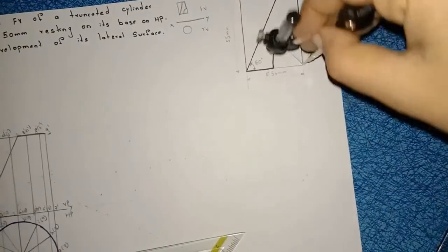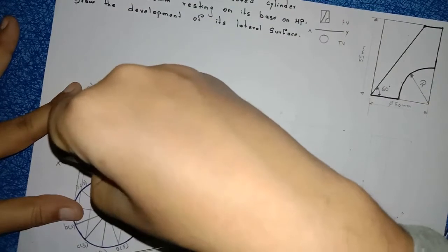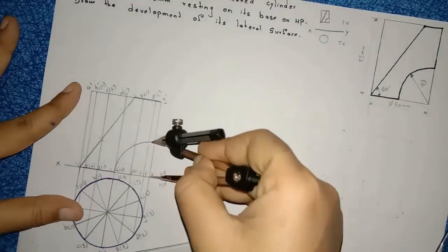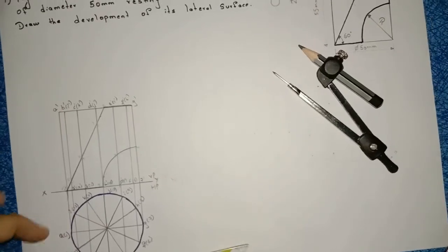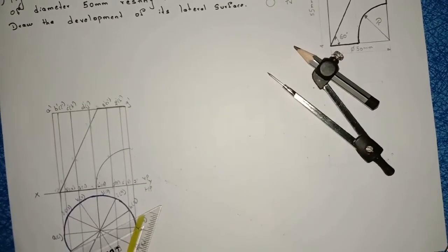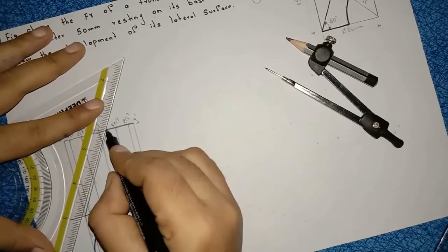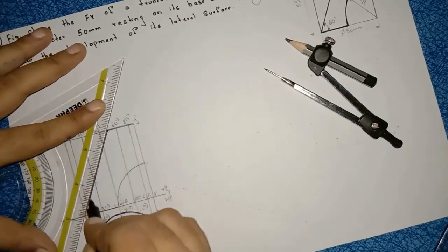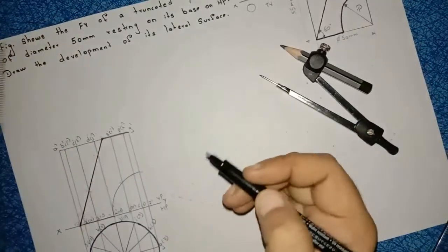See, from here you should draw the radius, right? So the same, I am keeping my compass here and constructing the radius here. Right? So the same problem I am constructing here. See how I constructed. This is 60 degrees. From this corner I have marked 60 degrees.